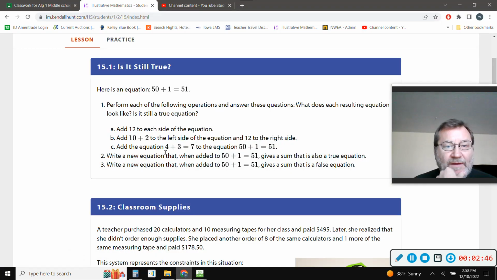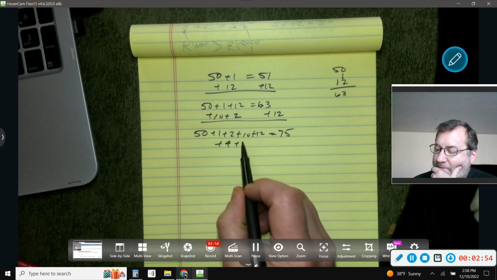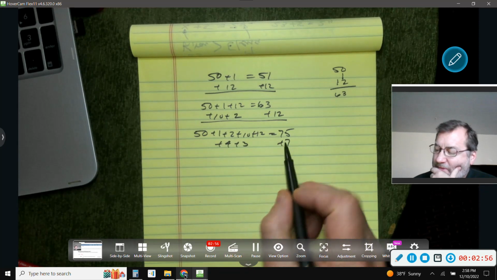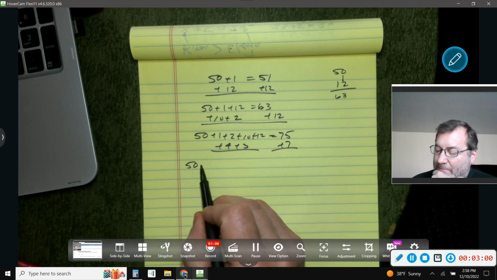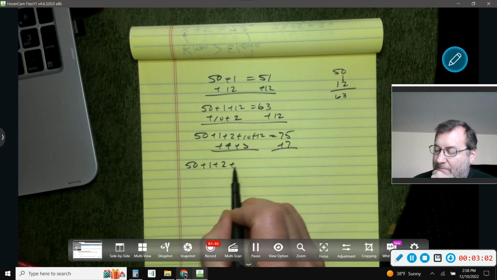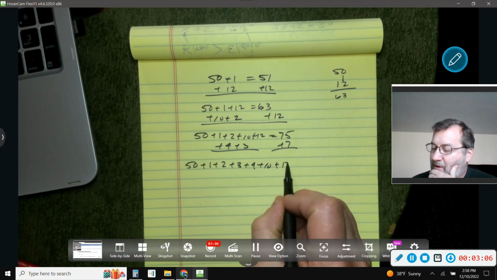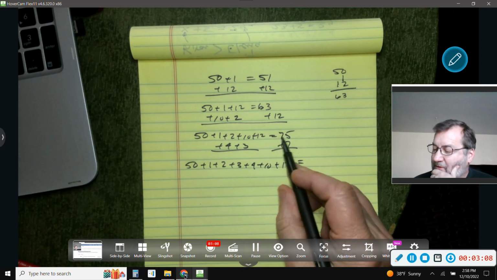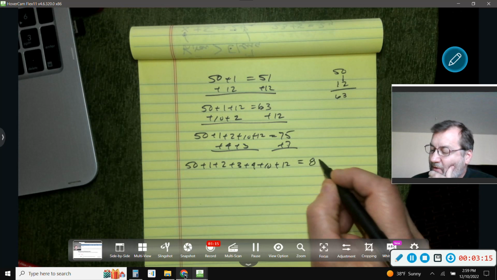All right, then add the equation 4 plus 3 equals 7. Let's see what that looks like. Plus 4 plus 3 plus 7. So now I've got 50 plus 1 plus 2 plus 3 plus 4 plus 10 plus 12 equals 75 plus 7, which looks like it's going to be 82.